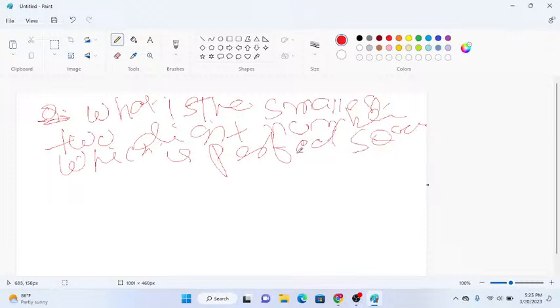You can write in your notebook: what is the smallest two-digit number which is a perfect square?